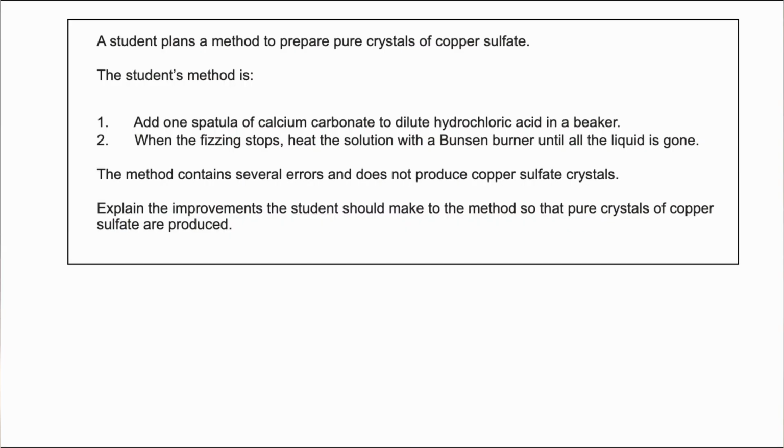Now, a big question you may get is something like this. Remember to highlight the important parts of your questions like this, yeah? A student plans a method to prepare pure crystals of copper sulphate. The student's method is, number 1, add 1 spatula of calcium carbonate to dilute hydrochloric acid in a beaker.